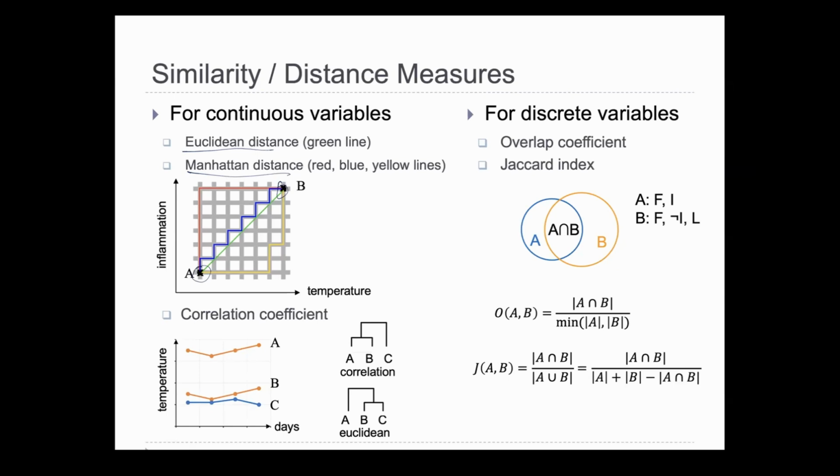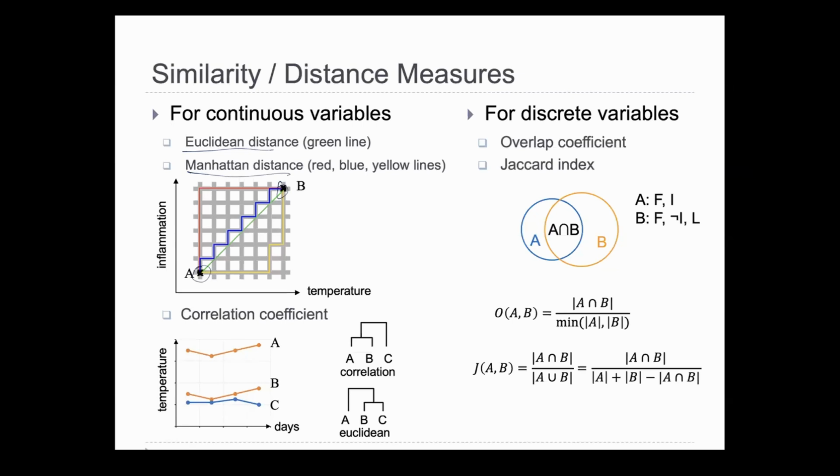You can also take correlation as a metric. For example, in this case, we have plotted days and the temperature. A is a vector or an array of data points. Suppose you have 4 data points for A, 4 data points for B, and 4 data points for C. And those are numeric data points or continuous variables.